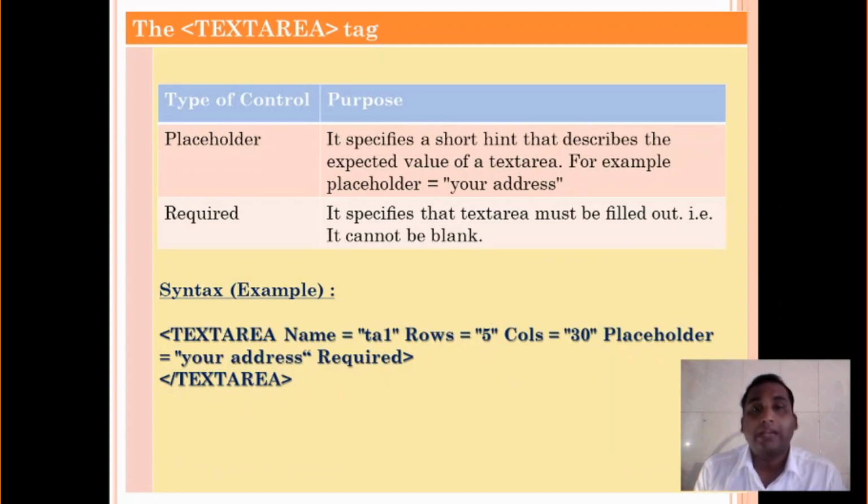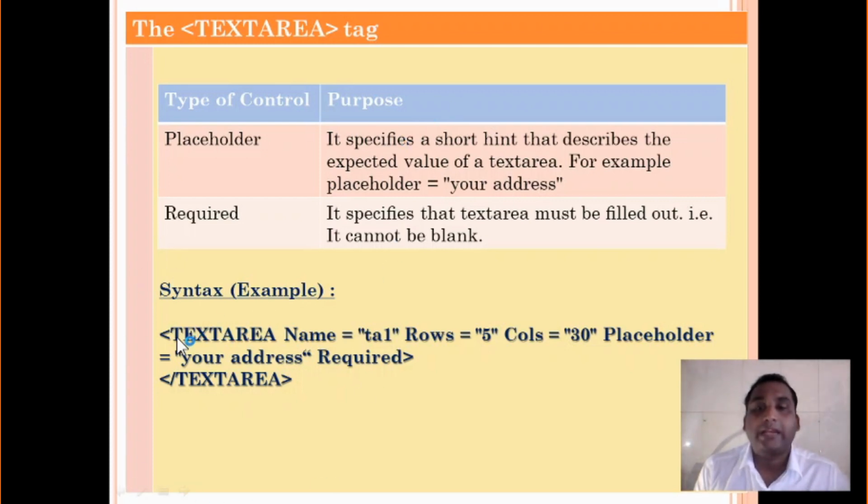Placeholder and required. Placeholder specifies the short hint that describes the expected value in a textarea. Already something is written, and when you click onto it, automatically it goes. That is placeholder. And required specifies the textarea must be filled out. It cannot be kept blank. That means you cannot keep it blank and submit it. Something should be typed into it, and only then will it be submitted.